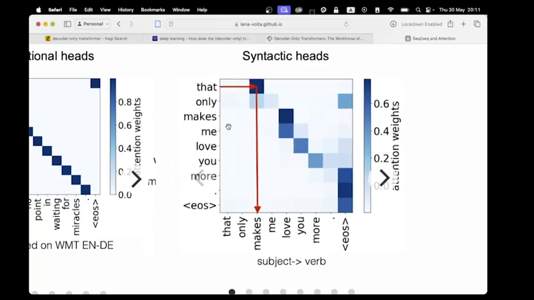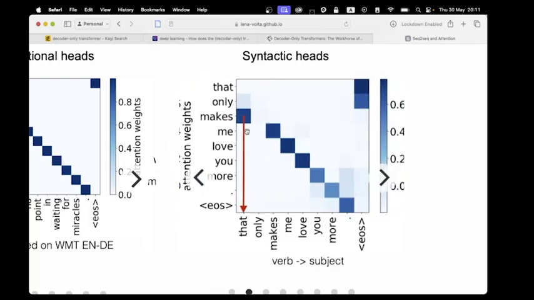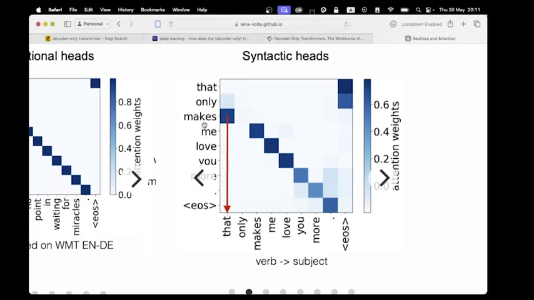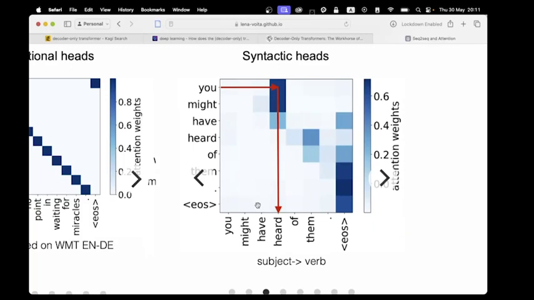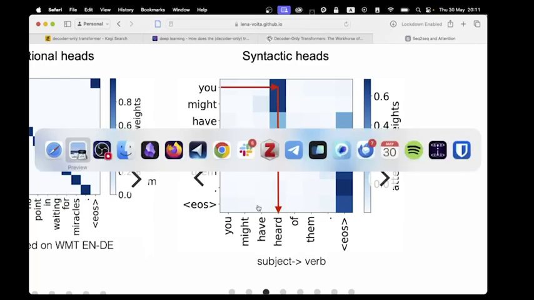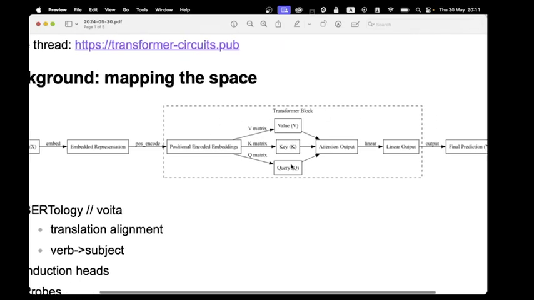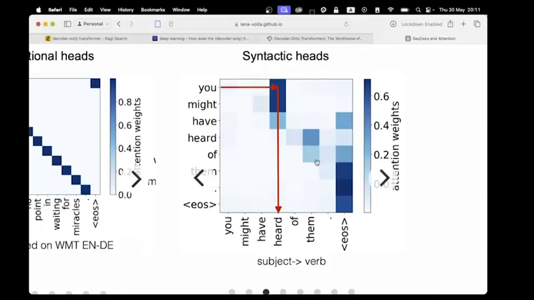On the left-hand side, we have subjects, on the downside, we have verbs. What we get empirically is a head that is specialized in this kind of correspondence.